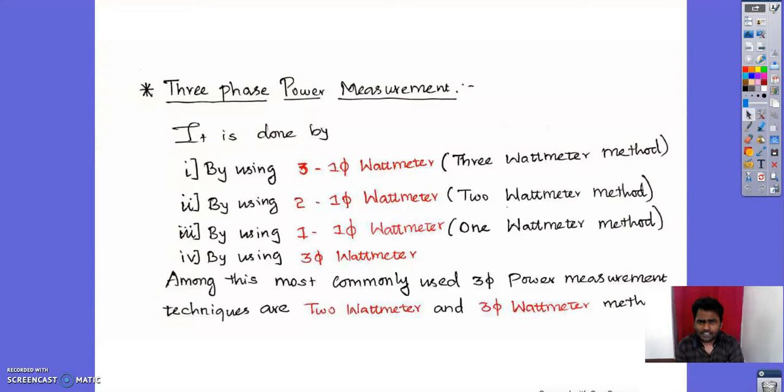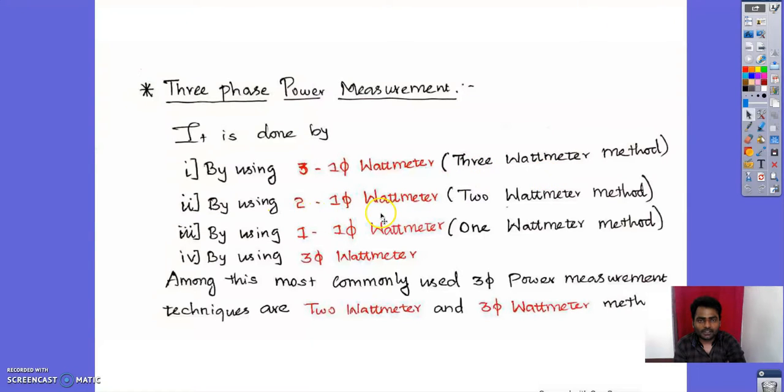So, how are we going to measure three-phase power? It is done by four methods. One is by using three single-phase wattmeters, that is, all phases are connected with a single-phase wattmeter, so it is also termed the 3-wattmeter method.